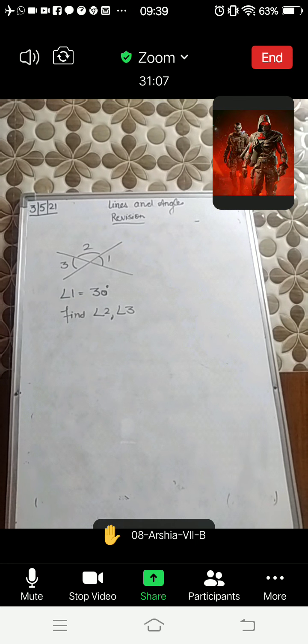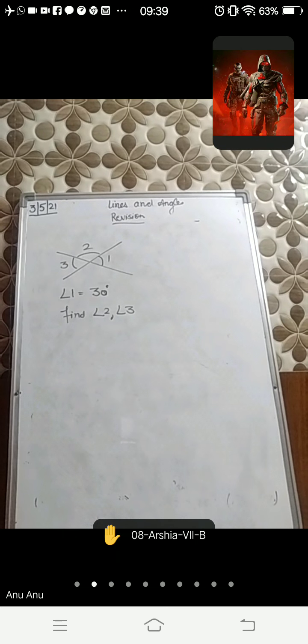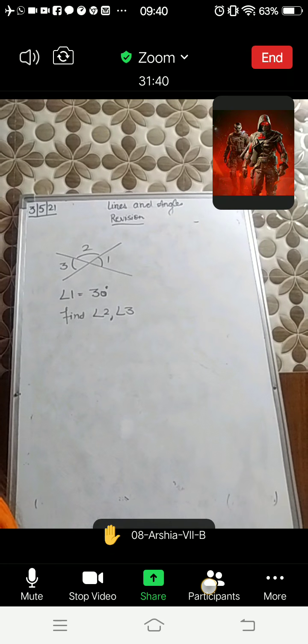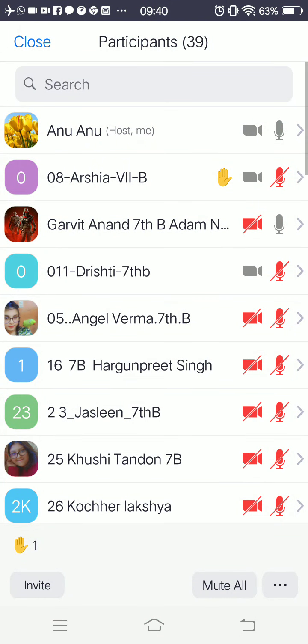Angle 1 is 30. Does angle 1 have any relation with 2 and 3? Which one is 30 degrees, 2 or 3? Why is angle 3 30 degrees, beta?